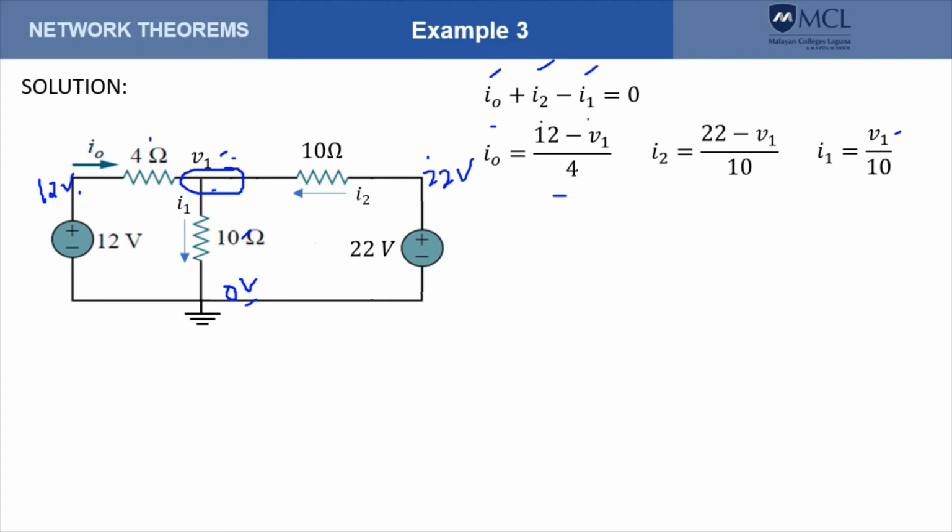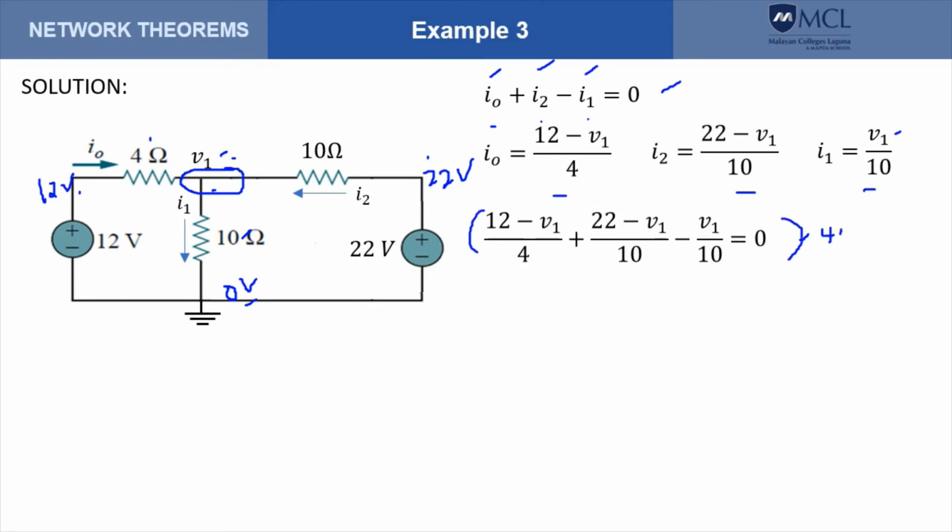So we use these expressions to replace the currents in our KCL equation. So this is the new equation. So this is one variable in one equation. So we could solve for the node voltage V sub 1. We could multiply this equation by 40, the lowest common denominator, or 20, I mean.